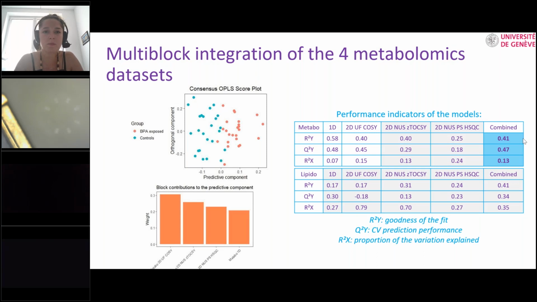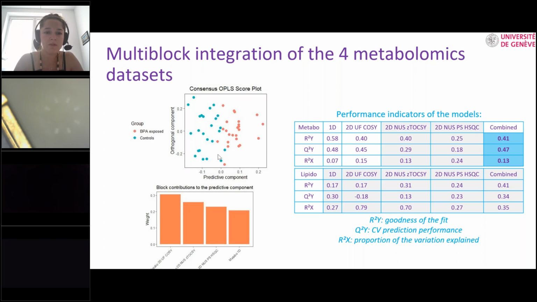If we look now at the integration of the 4 different NMR datasets for the metabolomic part, we can see that the Q square and the R square Y are quite satisfactory and didn't change that much for the goodness of the prediction. But we still increase the proportion of the variability between the samples that we managed to capture with this model.